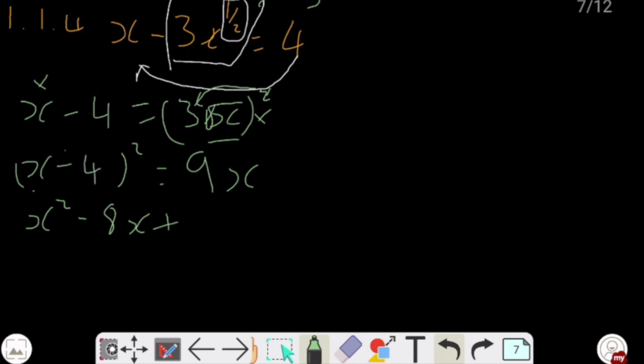So it's x squared, and then it's 8x, and then 4 squared, which is 16, equals 9x.